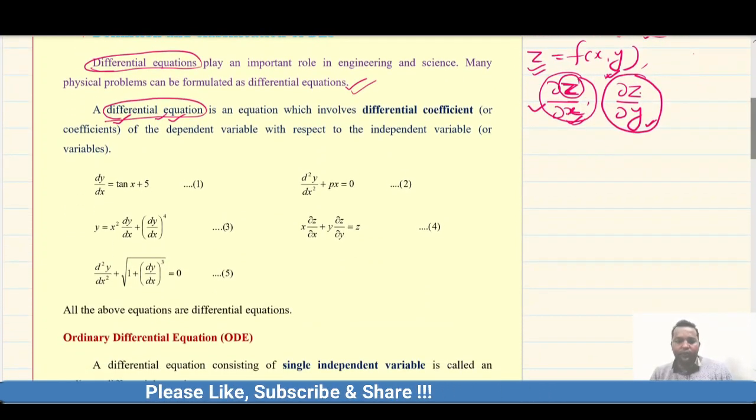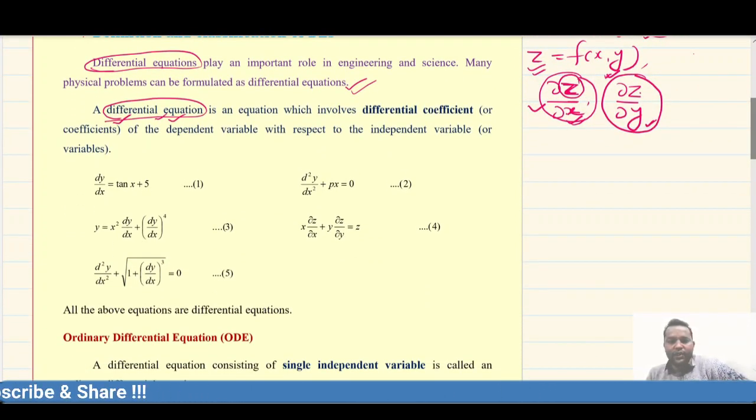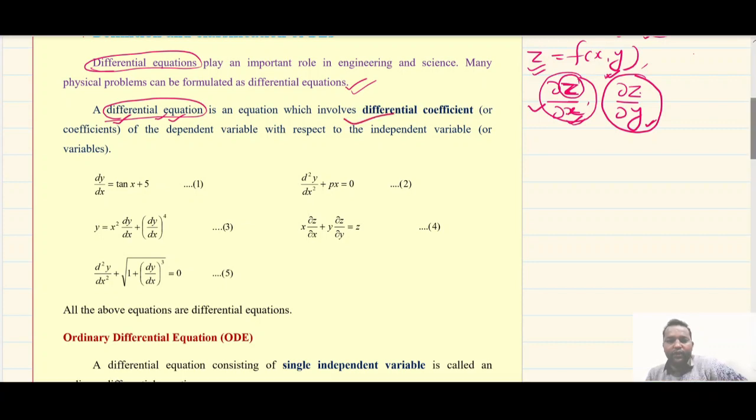So a differential equation is an equation in which we find the differential coefficient of the dependent variable with respect to the independent variable. In equation 1, an equal sign is involved and additionally the derivatives are also involved. Therefore, this is a differential equation.